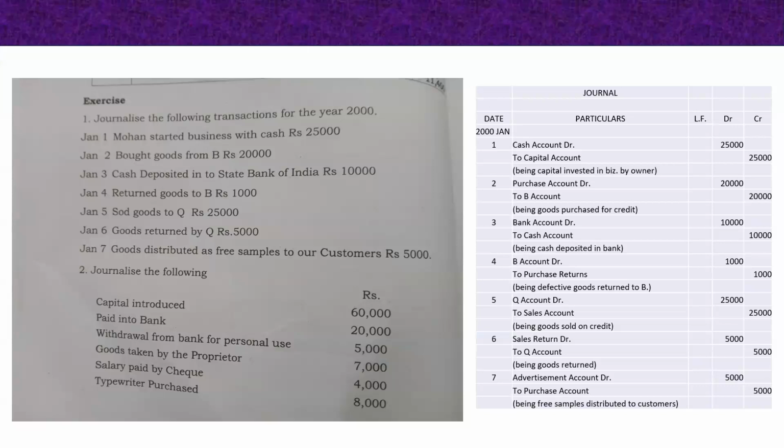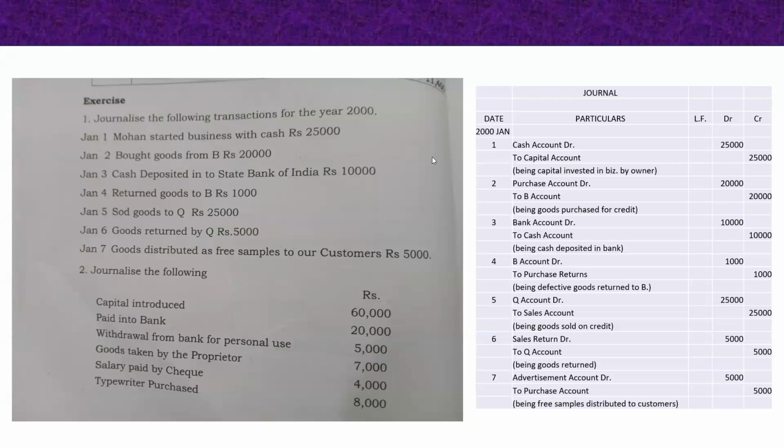So the first one, I have worked it out and I'm sharing the answers with you. If you have done it, you can cross check the answers. So let's take a quick look. You remember how to make an entry on sales return and purchase return. The exercise wants the following transactions as journal entries.